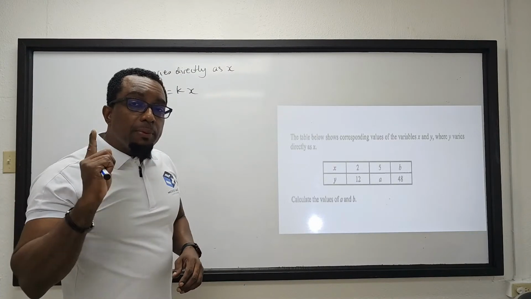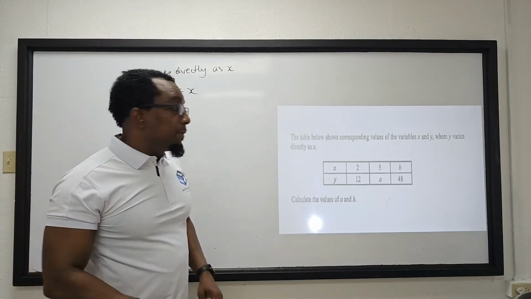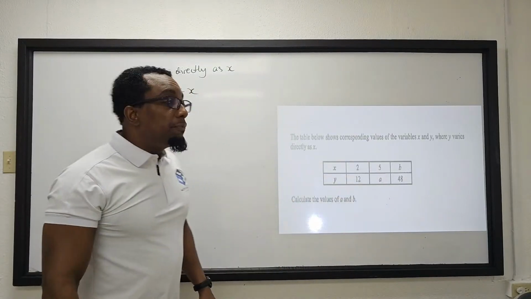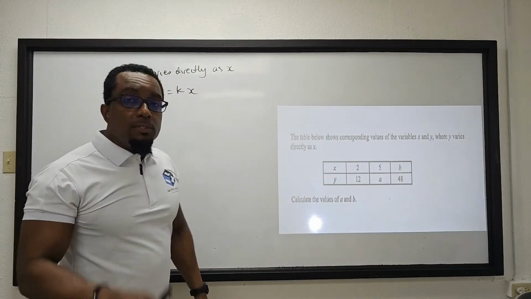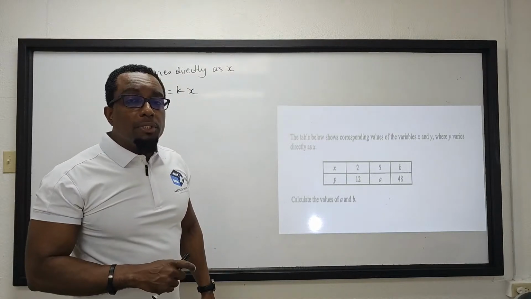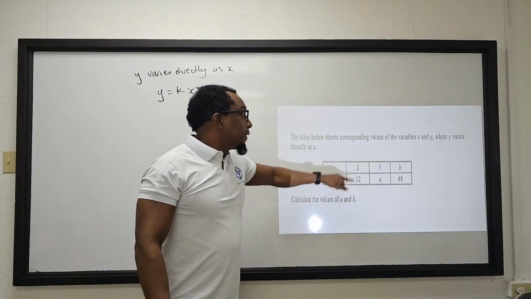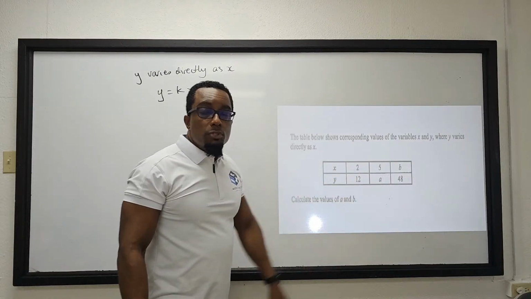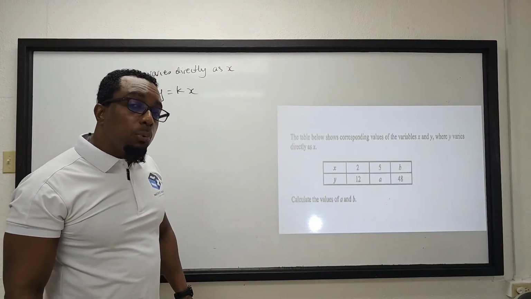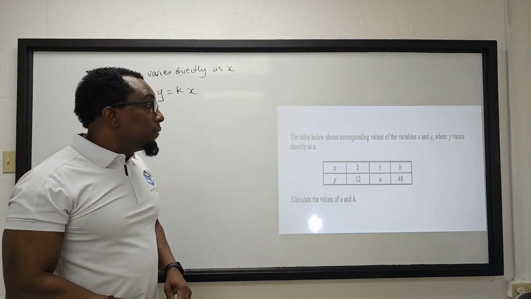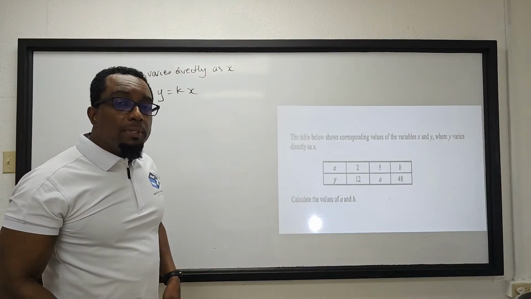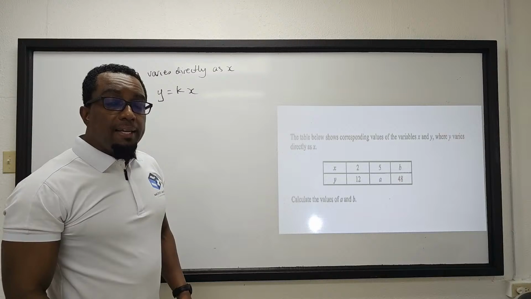But the first thing we need to find in order for us to determine what is a and b, we need to find k. We need to find that constant of proportionality, which can be easily obtained because if you look at this table, when x is 2, the corresponding value of y is 12. So we can use x equal to 2 and y equal to 12 to help us to find k.